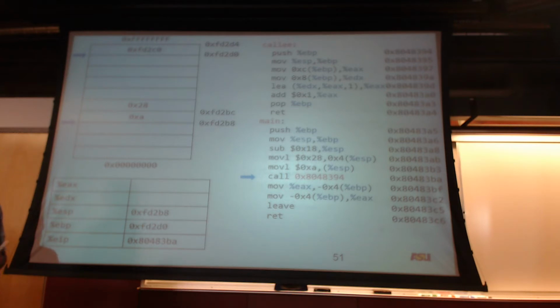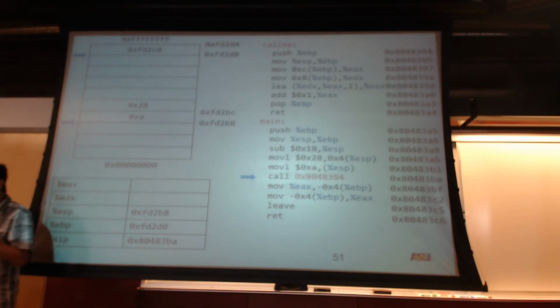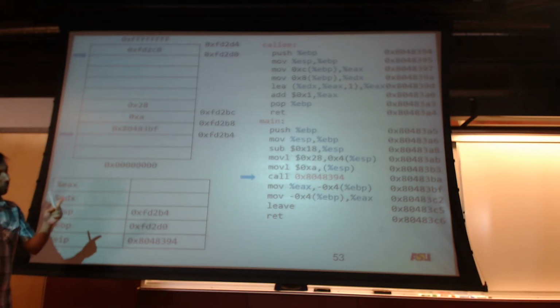Now this thing we didn't discuss last class, and that is hidden in call. Whenever you execute call, the first thing call does is push the address of the next instruction into the stack. So what is the next instruction address? It is 80483BF. So what it does now is it decrements the stack pointer and pushes that address into the stack. So now ESP became FD2B4.